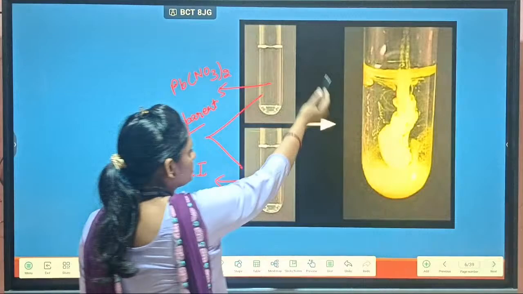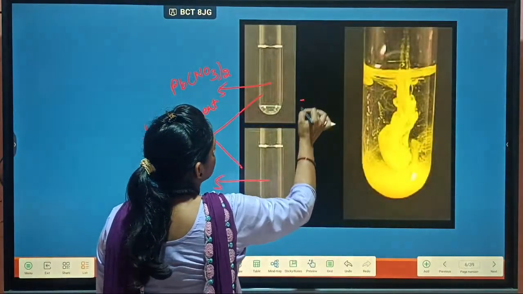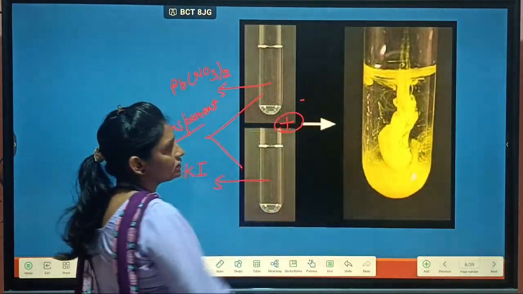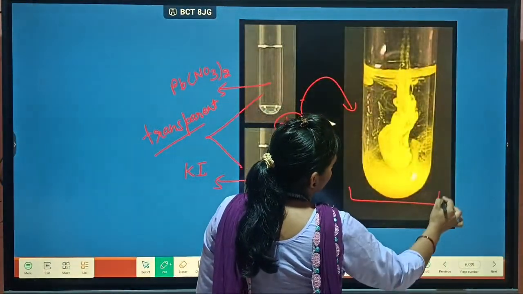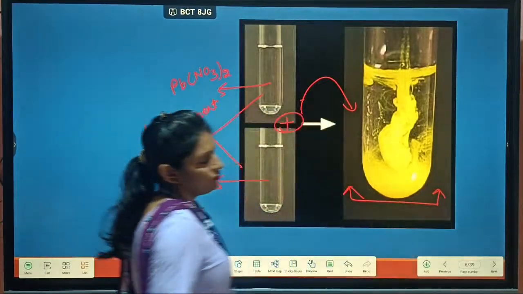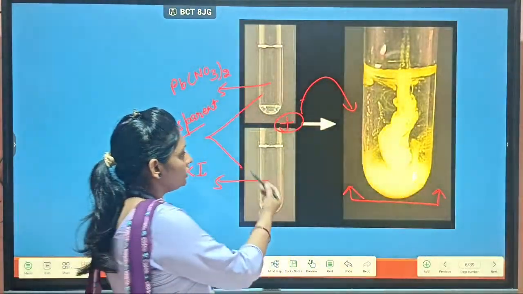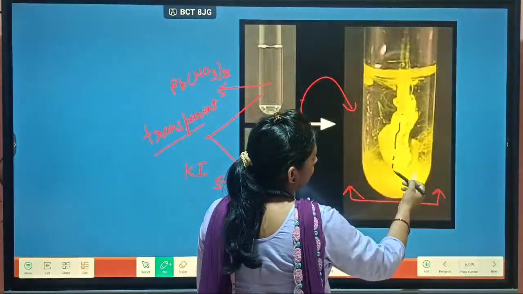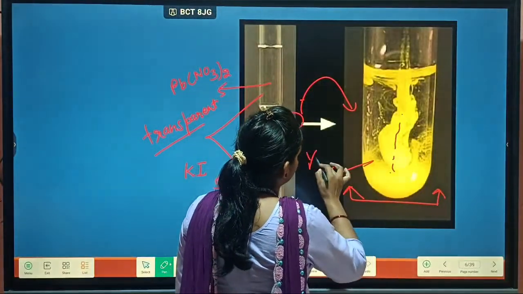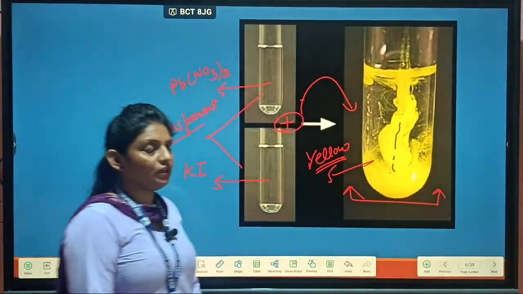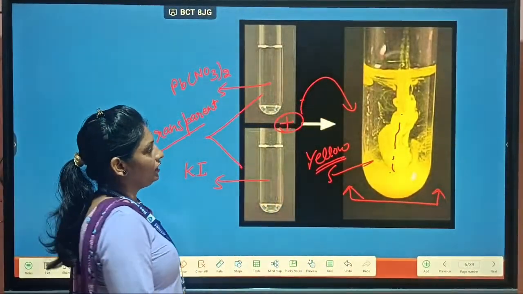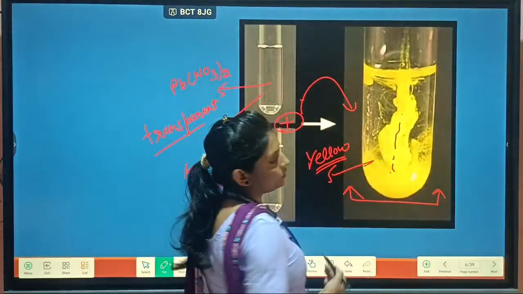But when we mix both of them, after mixing, we get this. Here you can see we are getting a yellow solution. It means during a chemical reaction, color can also be changed.